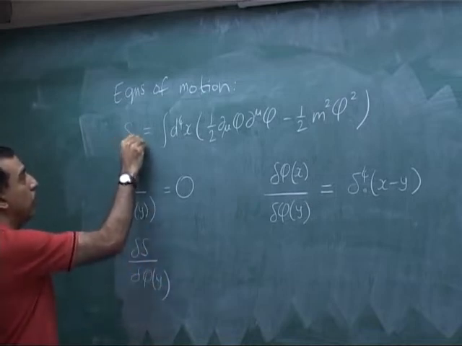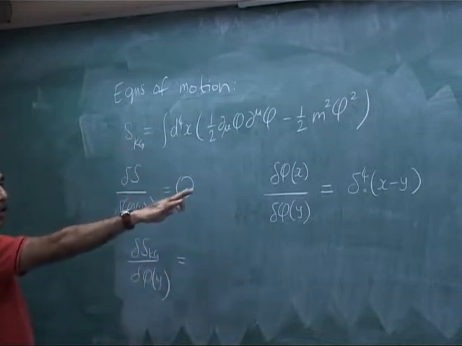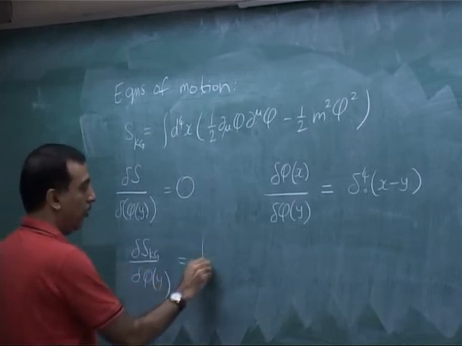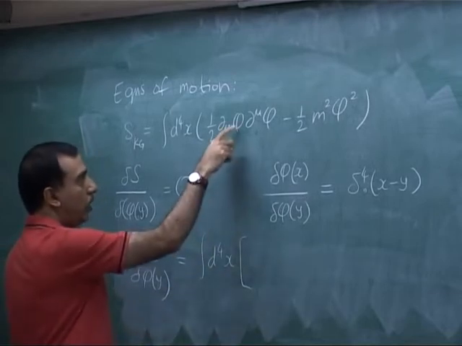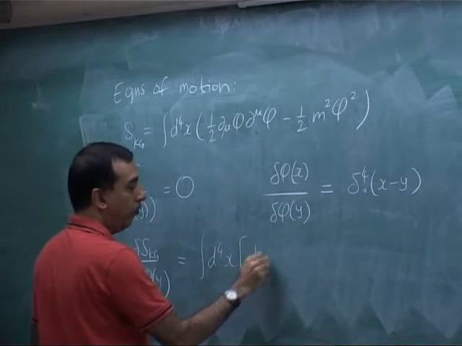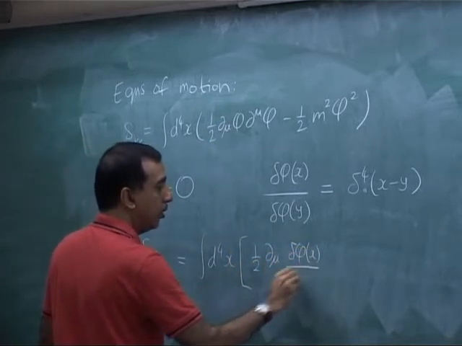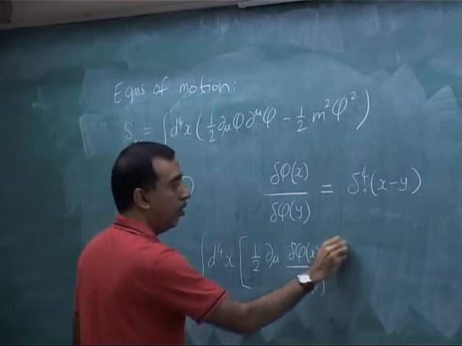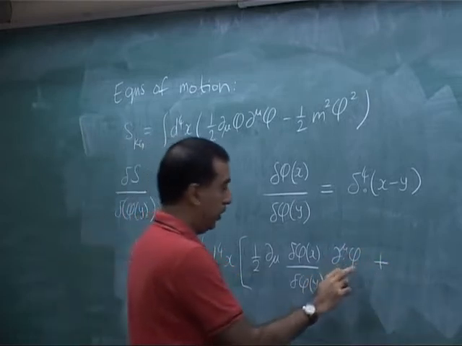This is S Klein-Gordon. This is a general rule for any field. Now we are applying it to the Klein-Gordon field. So we have the integral d⁴x. When we act on this phi, we have half del mu delta phi x by delta phi y del mu phi, plus a similar term coming from varying the second one.